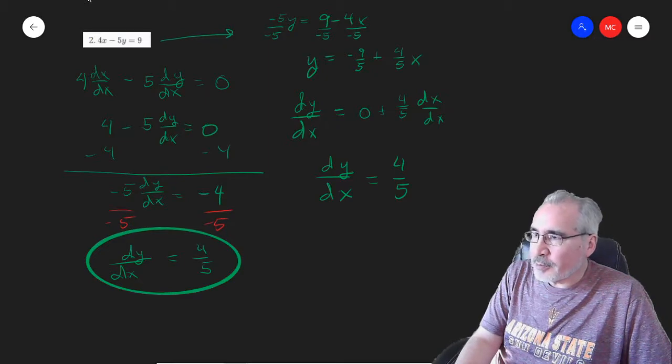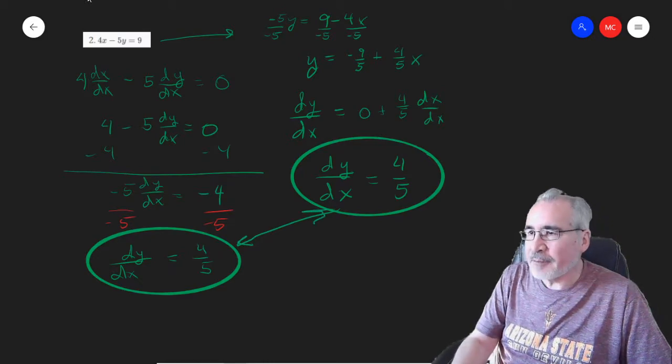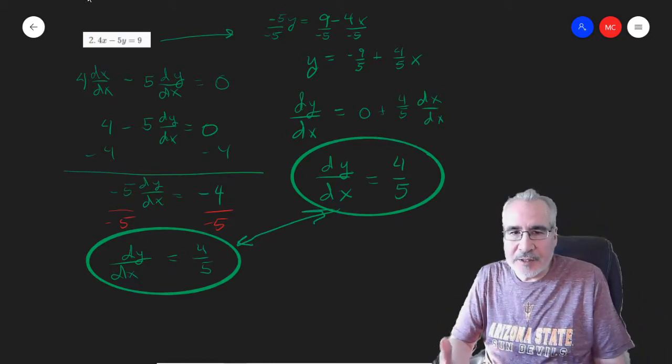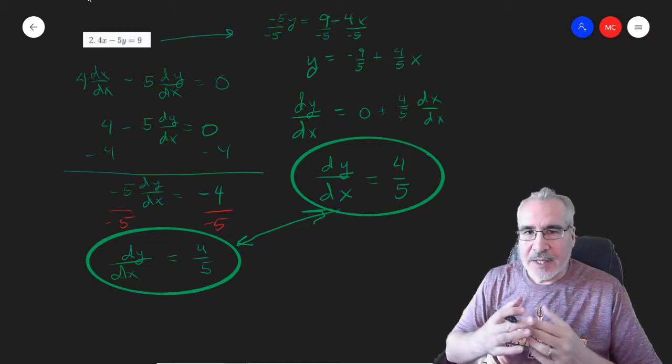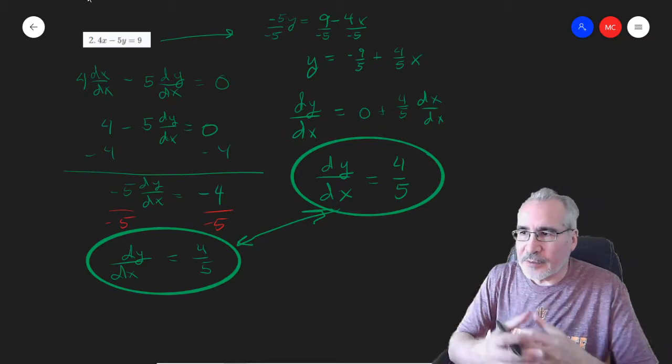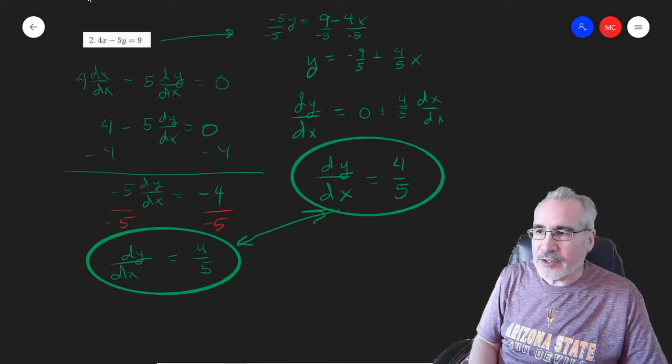Okay, but it's always going to be 1. So that one matches that one. They're the same. So this implicit differentiation works. It works according to the old process way. So do them both ways, and you'll see there's our connection.